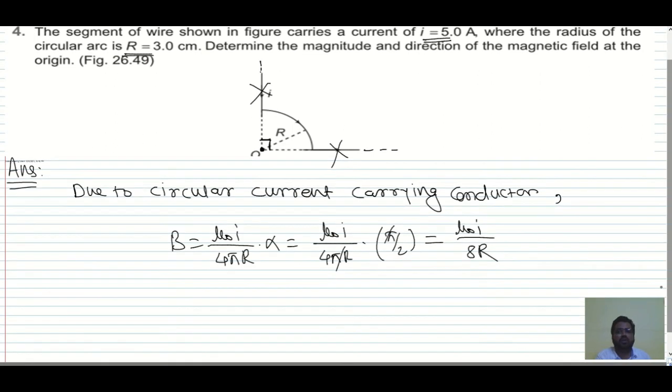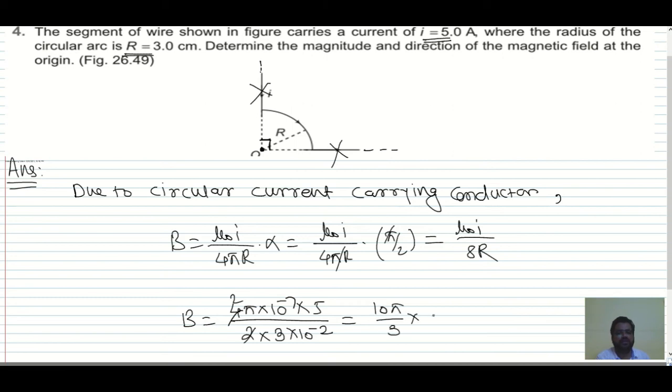Now put all the values, you will get B is equal to mu naught, which is 4 pi into 10 to the power minus 7, into what is I? 5, divided by 2 into what is r over here? r is 3 centimeters, so 3 into 10 to the power minus 2. If you just calculate now, 2's are 10, so it is 10 pi divided by 3 into 10 to the power minus 5.